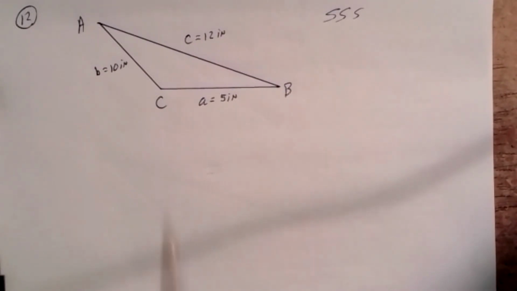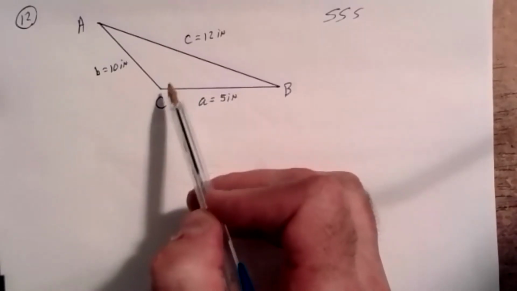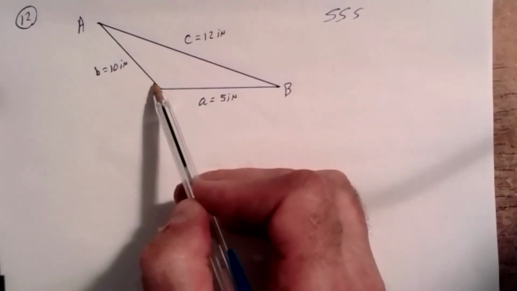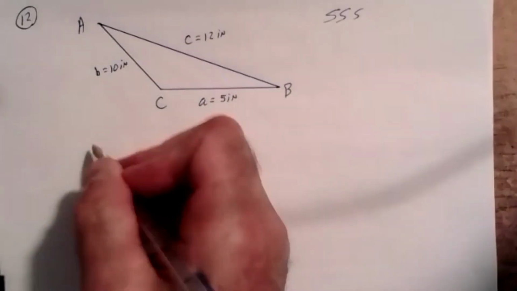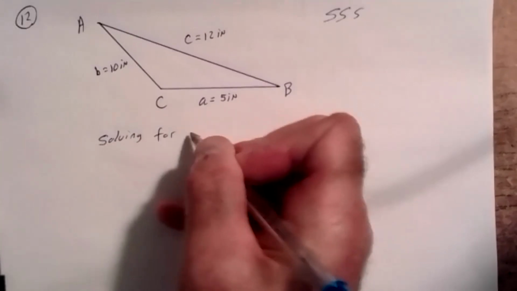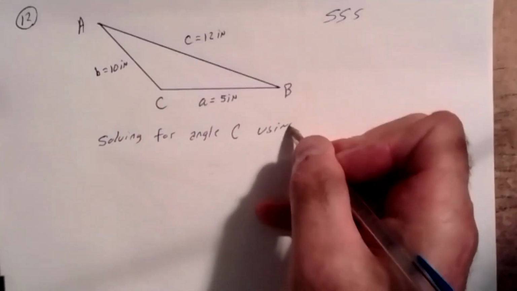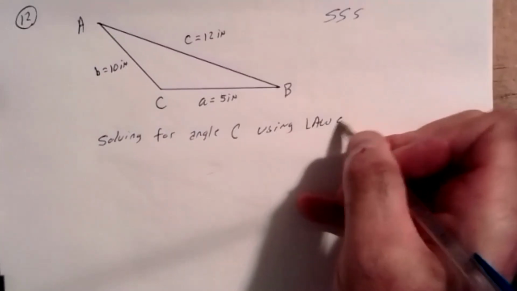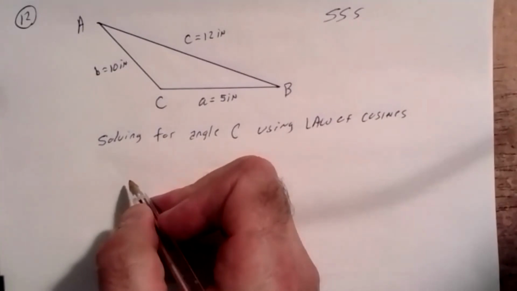C. The longest side is side C, so the largest angular measurement must be angle C of the 3 angles. So to solve for angle C, solving for angle C using law of cosines, we use which version?